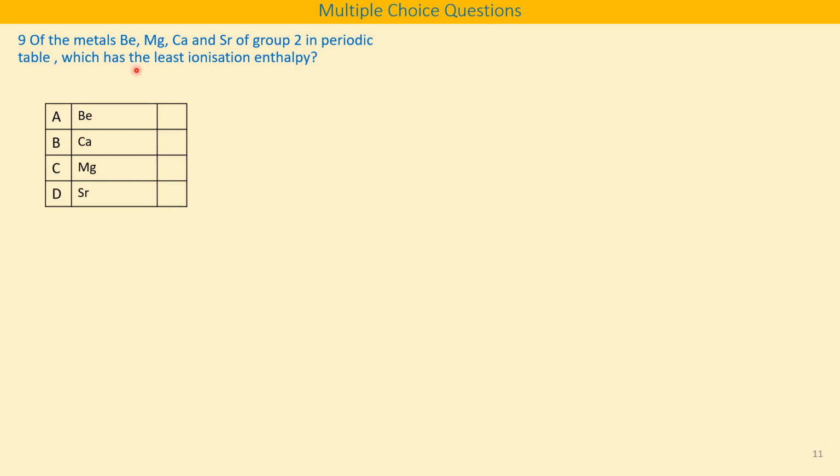Option A, Be, option B, Ca, option C, Mg, option D, Sr. So you have to identify the metal which has least ionization enthalpy. Please pause the video, think for a while and mark the correct answer. Down a group, ionization enthalpy decreases. Hence, option D is the correct answer.